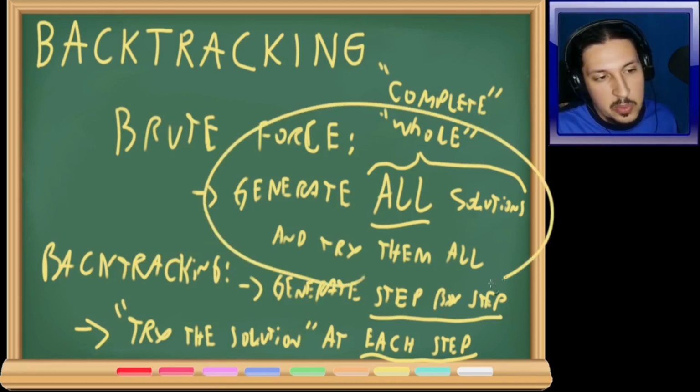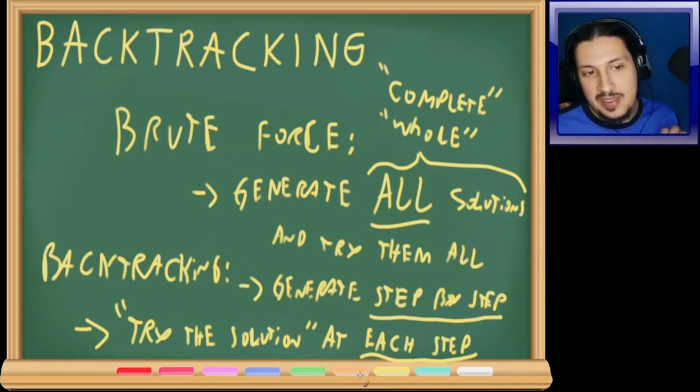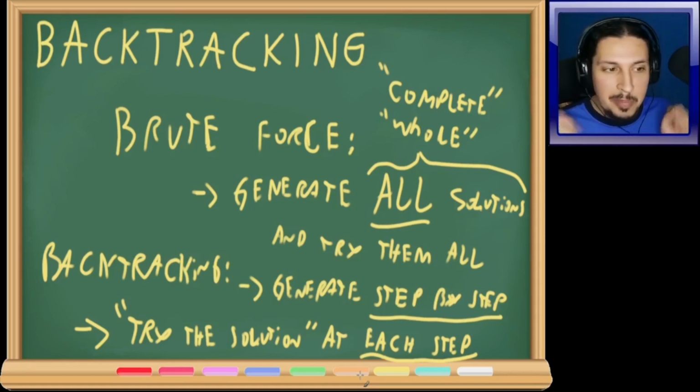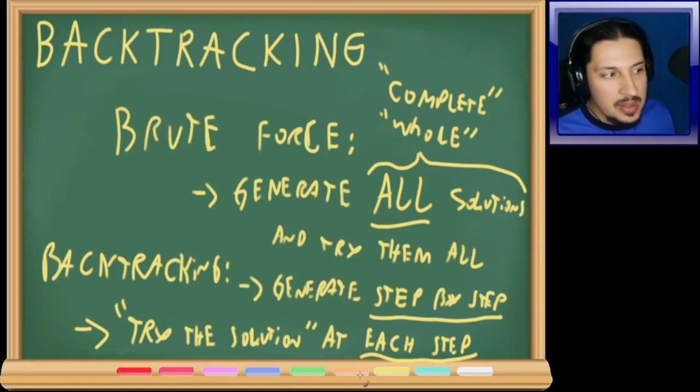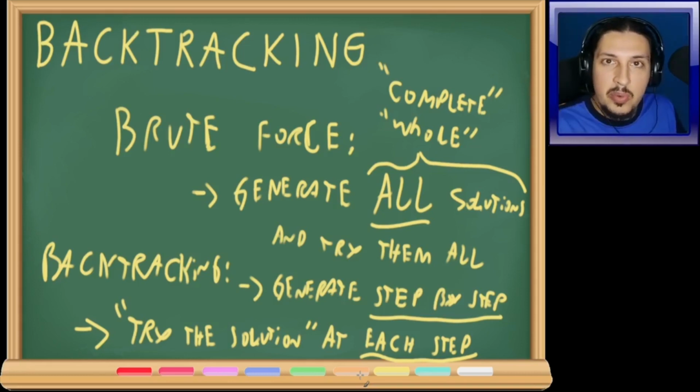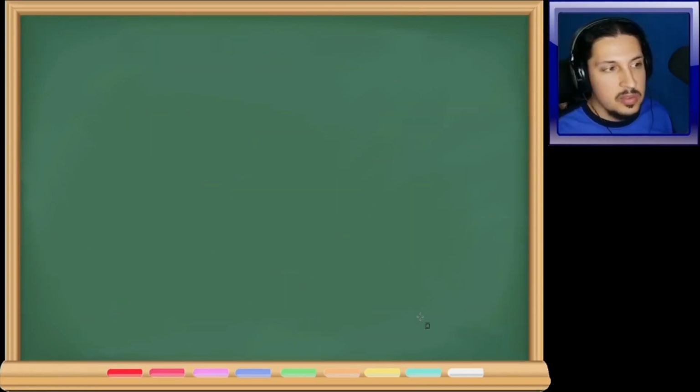Unlike brute force, where you have a checker that takes a complete solution and runs the checks, in backtracking, each time you do a step, you have to check, okay, given the steps that I have already taken, is it okay? Is it wrong? And also, what is the cost of the parts that I have already done? That is very common. You go calculating the cost step by step if you can. That is the true difference.